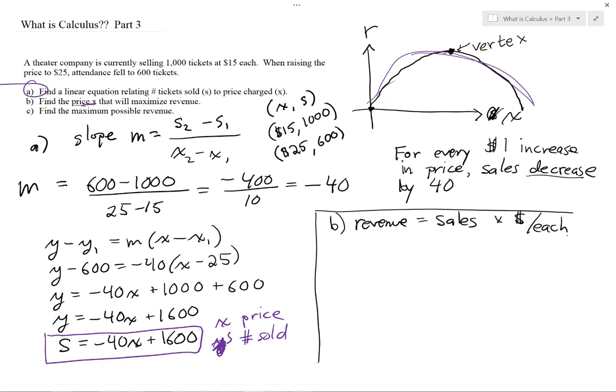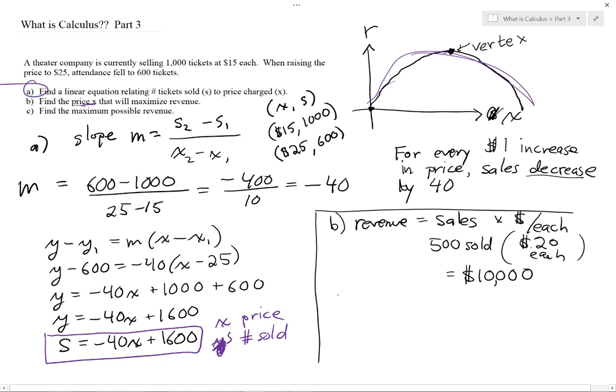So if you have, let's say 500 tickets sold at, let's just say 20 each, then the revenue is going to be 500 times 20. That's 1,000, and then you have to add the other zero. So that's going to be the result. That's the amount of money we make.